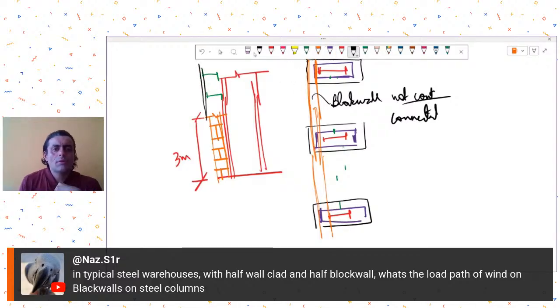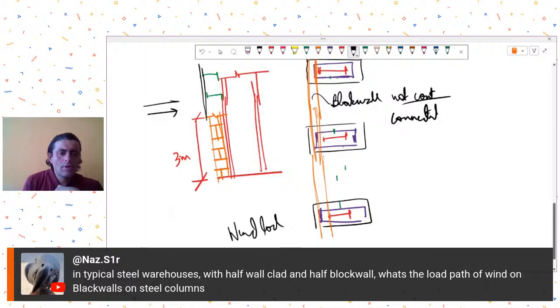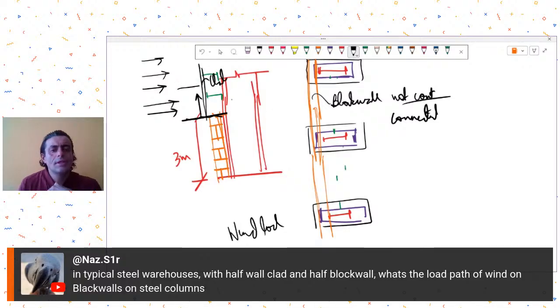Now what you need to understand is what will be the load path. For wind loads, usually we consider the wind acting on the sheet after 3 meters. So you will consider that the wind load is acting on the cladding after 3 meters, and that wind load will transfer to your steel structure.